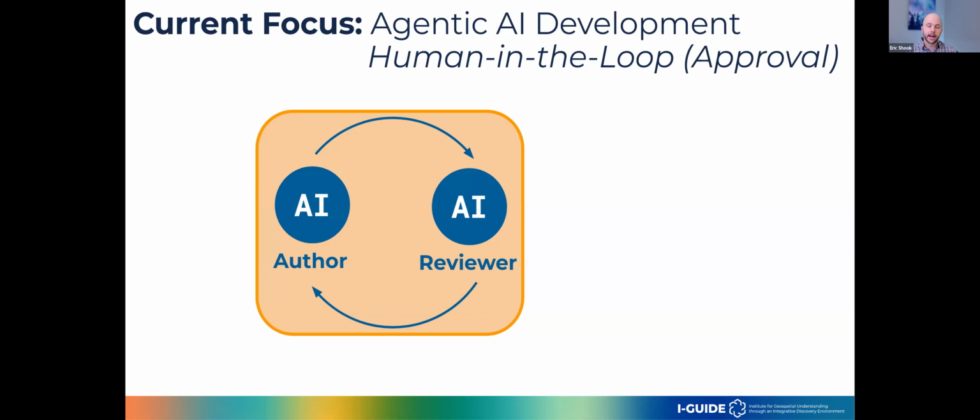Right now for I-GUIDE, we're using Microsoft Azure because it's under the university license umbrella, so that it allows us to do this type of work. We've experimented with a couple of different models because Azure allows us to do ChatGPT and everything else.